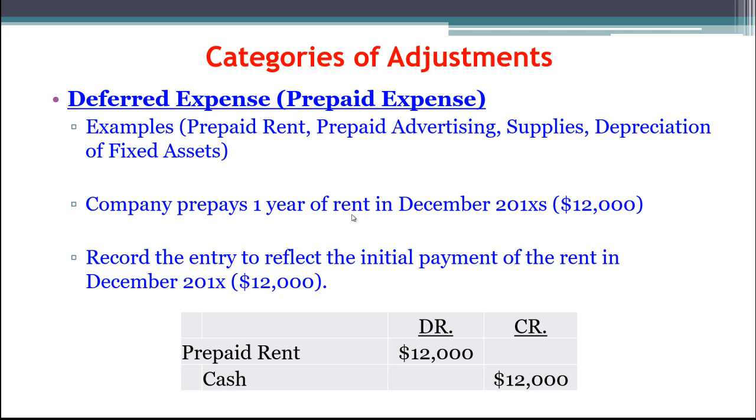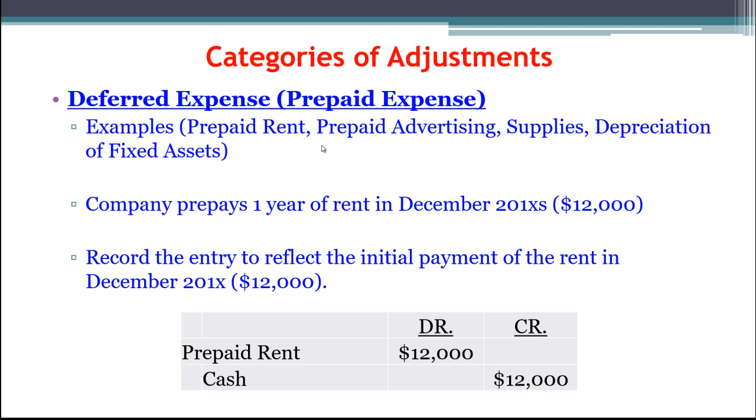So now, let's go through some examples of these. Those deferred expenses or the reclassifications, one very big example is a prepaid expense. And in fact, this is the most common adjusting journal entry that you'll find because it covers so many different examples.